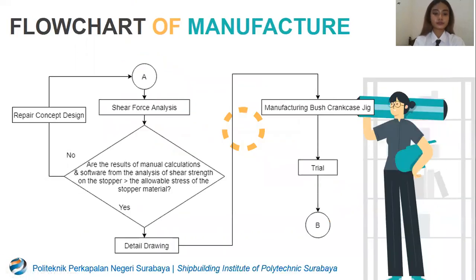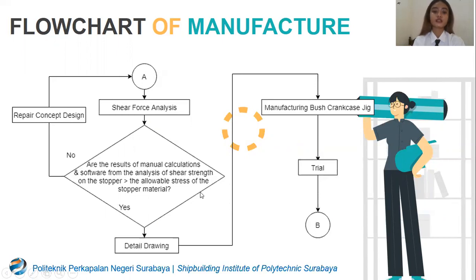After that, I analyze the shear force, and if the result of the shear force analysis is smaller than the allowable stress, then I make a detailed drawing. If not, prepare a concept design again.